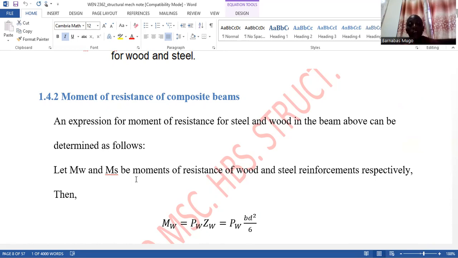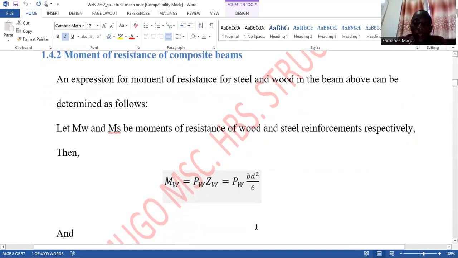And therefore, if I want to know the moment of resistance of the wooden section, it is the stress of the wood over the lever arm. The lever arm is BD squared over 6 in this case.